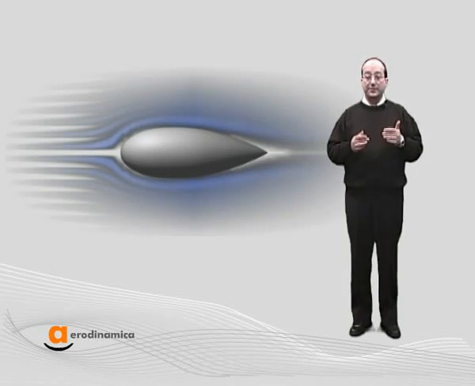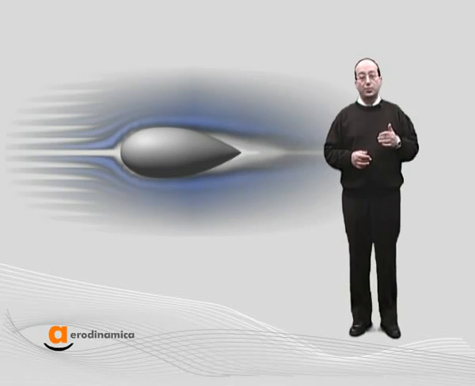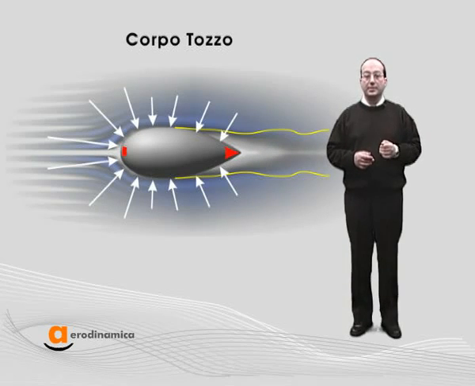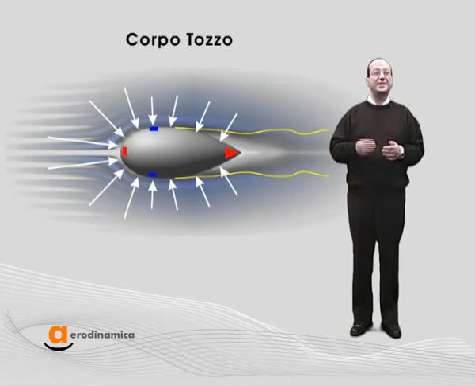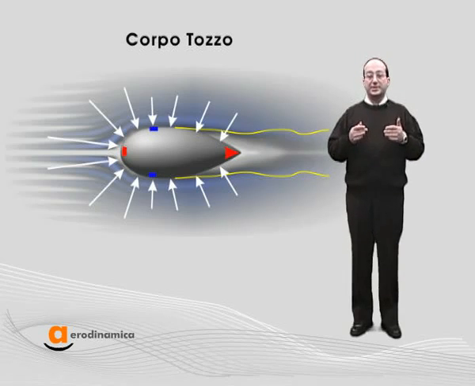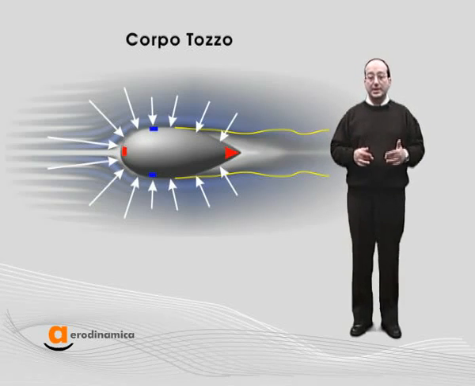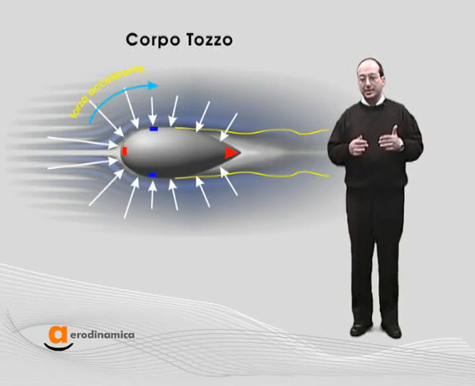For a real fluid, on the contrary, the effect of the viscosity must be added to the effect of the pressure. From the leading edge to the maximum thickness point, the particle will be subjected to the accelerating effect of the decreasing pressure and to the braking effect of the friction.